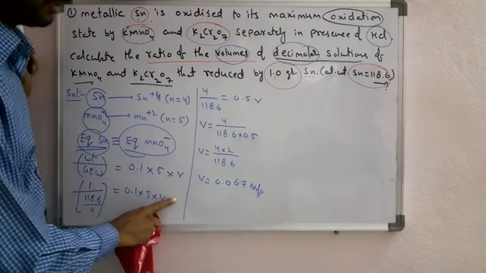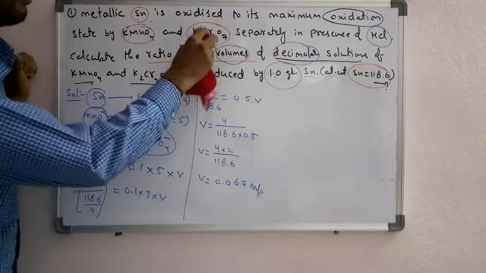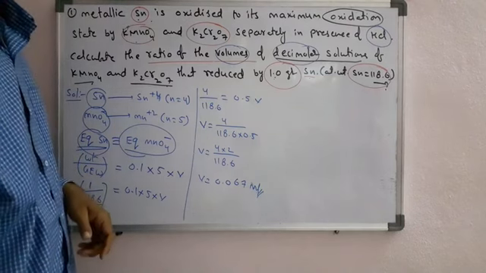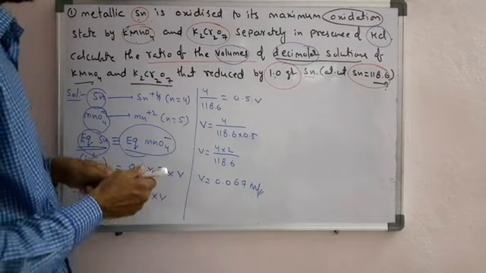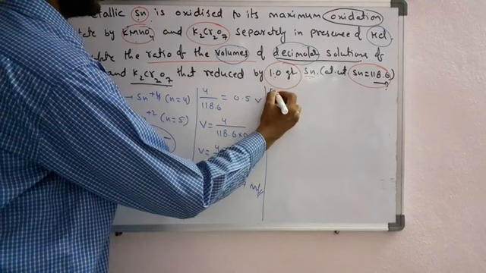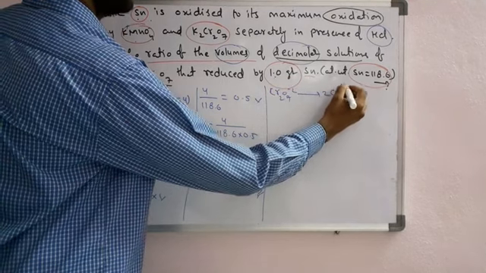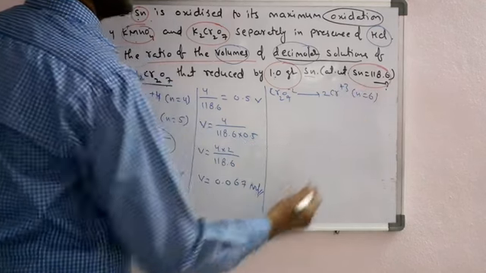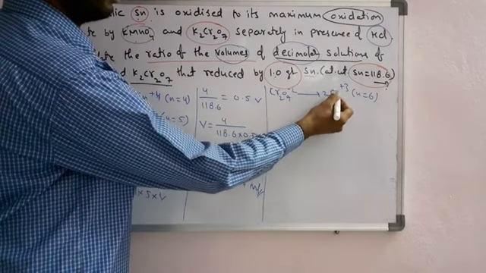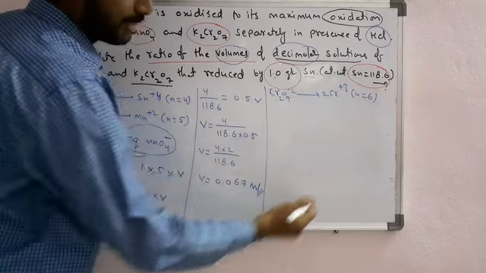Now we do the same type of calculation for potassium dichromate. In K2Cr2O7, Cr2O7 minus 2 changes to 2Cr plus 3. Here the n factor is equal to 6: 3 electrons for one chromium and 3 electrons for another chromium, so it becomes 6.